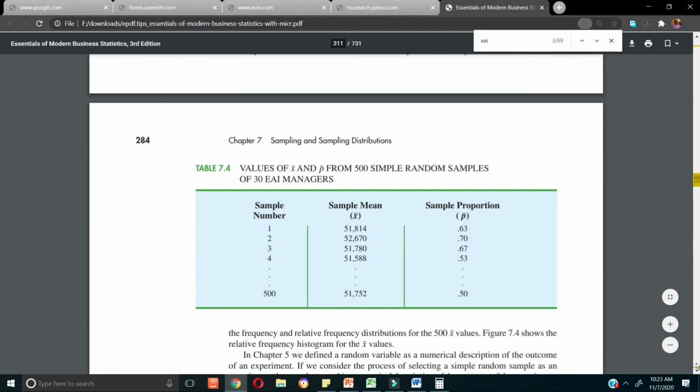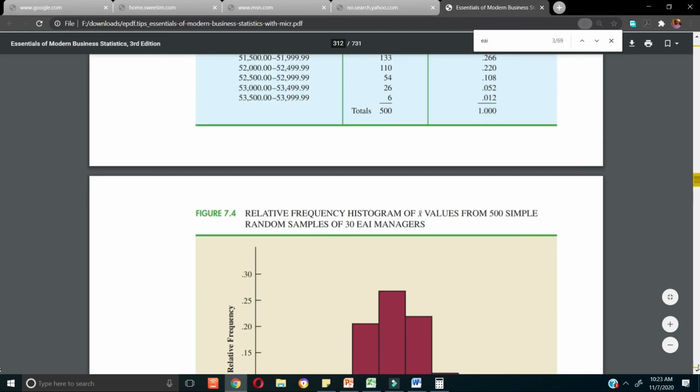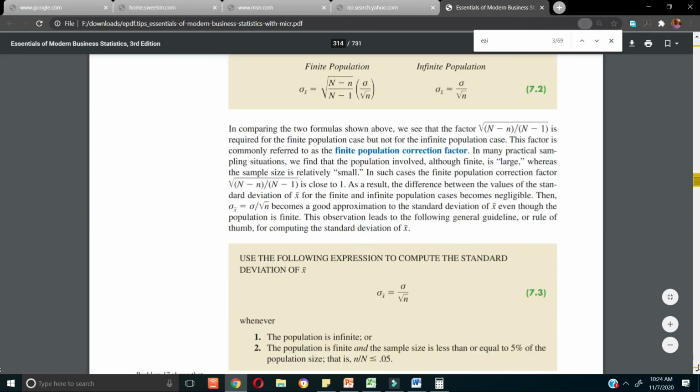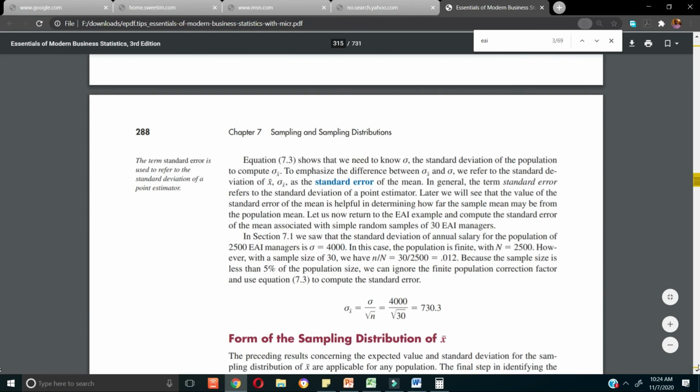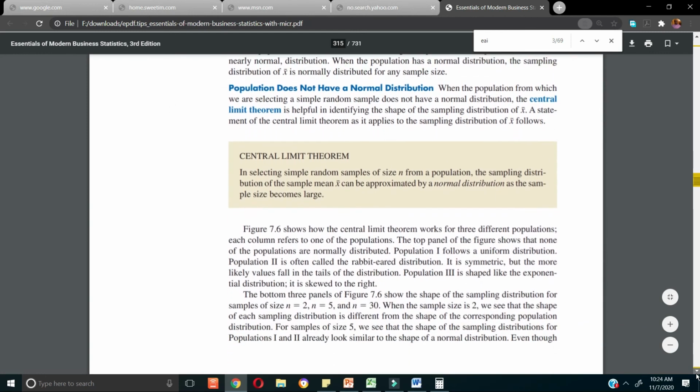Just bear with me for a bit. So this is the previous standard deviation.